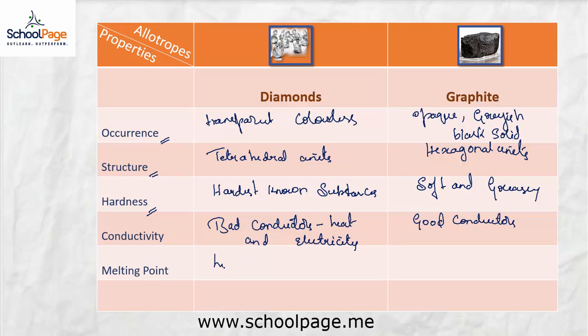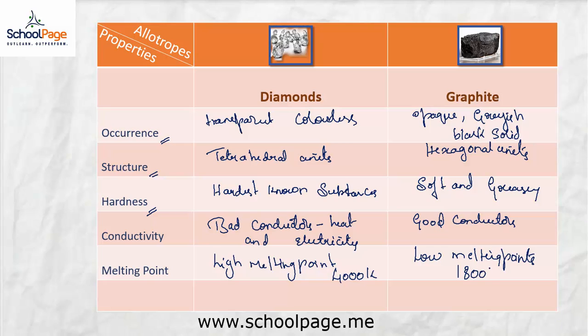Diamonds have a very high melting point, whereas graphite has a comparatively low melting point. The melting point of diamond is said to be around 4000 Kelvin, whereas graphite has 1800 Kelvin.